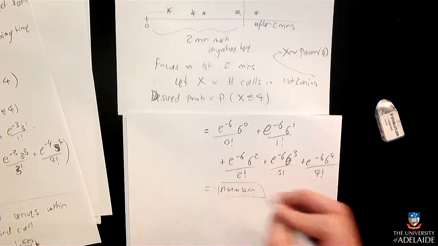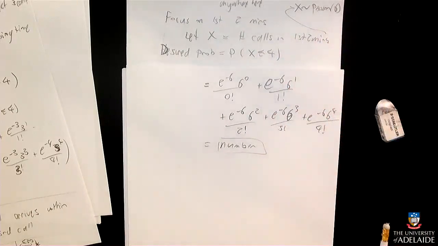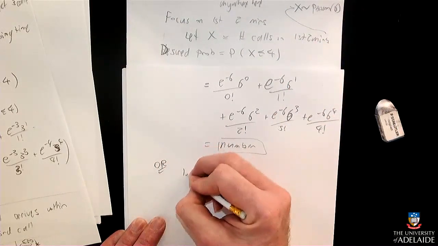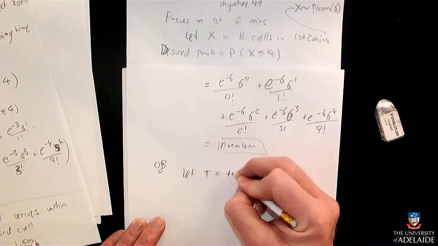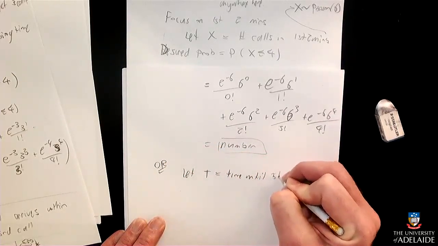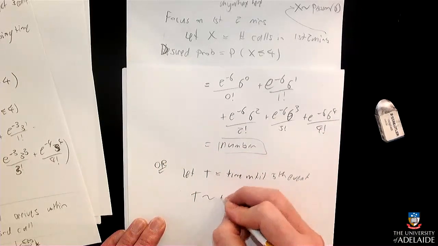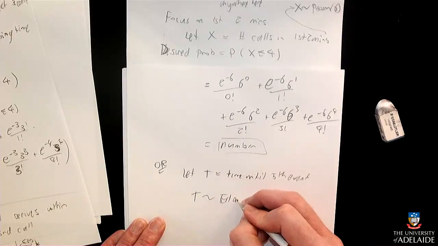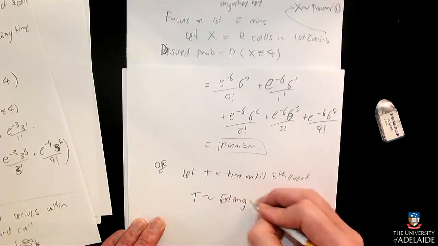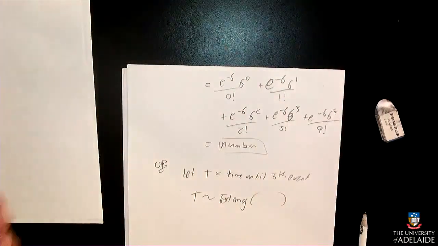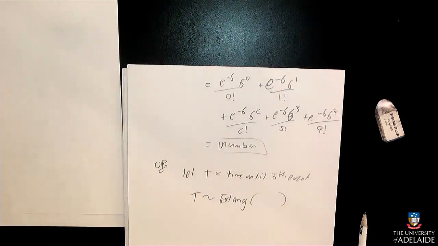I just can't be bothered calculating at the moment. So this should also be, or time until the fifth event, this should be an Erlang distribution with some parameters of some sort. Which I'm presuming is nearby in the notes.